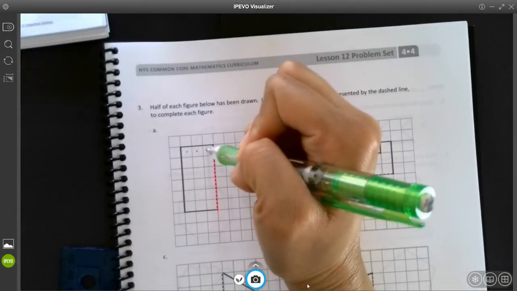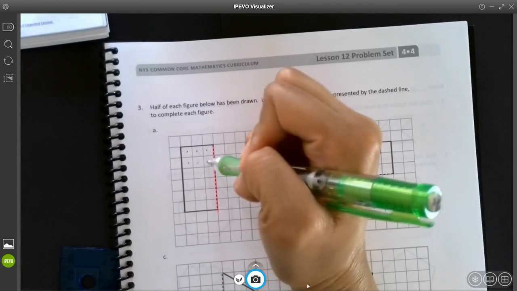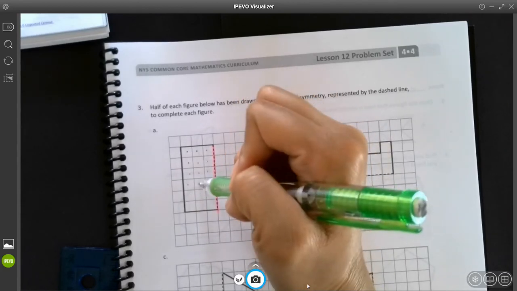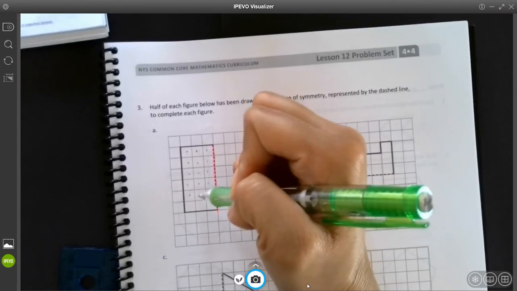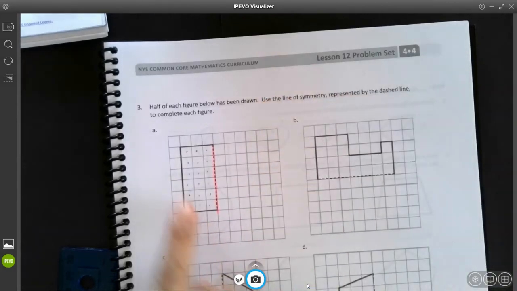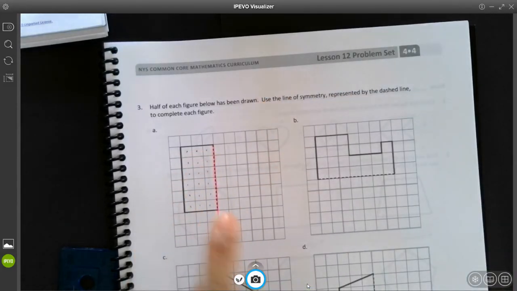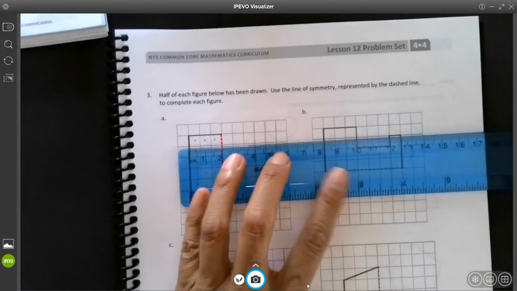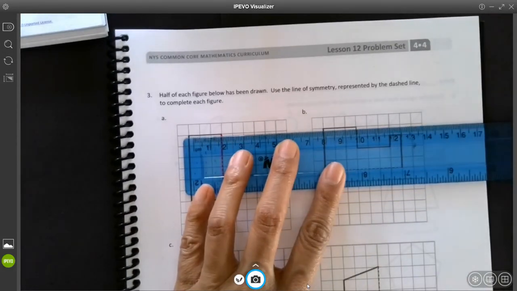1, 2, 3, 4, 5, 6, 7, 8, 9, 10, 11, 12, 13, 14, 15, 16, 17, 18. So I have 18 squares here. I should also have 18 squares here. I'm going to use my straight edge.